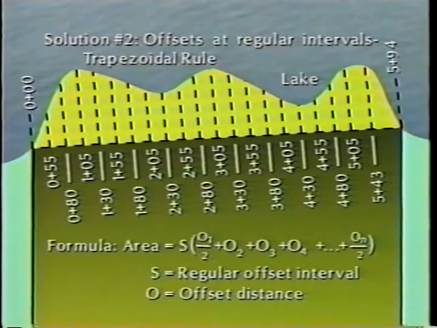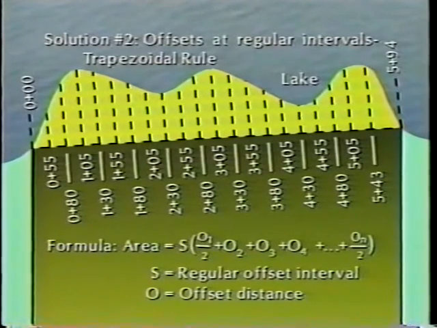The formula, as shown on the diagram, is the area equals S times the quantity O sub 1 over 2 plus O sub 2 plus O sub 3 plus O sub 4 on until we get to the end of the trapezoids.